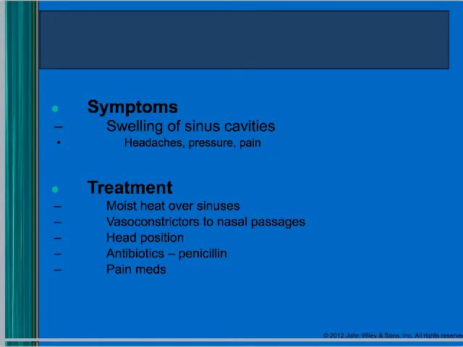I think I had a sinus infection when I wrote this, so I was writing all about it. Swelling of sinus cavities, right? So you get the pain and the pressure. Treatment could be an antibiotic. It can be a vasoconstrictor to reduce the swelling in the nasal passages so the sinuses can drain.